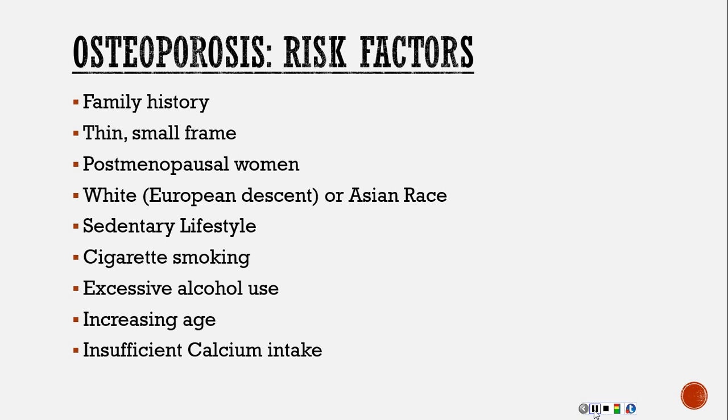There are some secondary risk factors, basically meaning they come from some other type of issue that leads to it. It can occur with use of corticosteroids, increased use of aluminum-containing antacids, so Mylanta, Maalox, also proton pump inhibitors: Prilosec, Nexium, Prevacid.